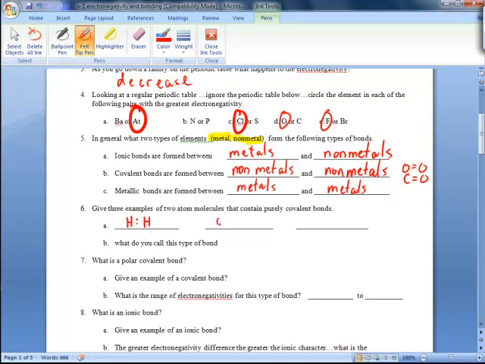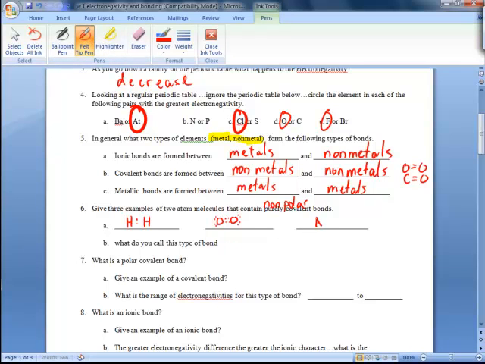or oxygen combined with another oxygen forms a purely covalent bond. Now, I really wish that instead of purely, they had used the word non-polar, because that's the word that most people prefer.